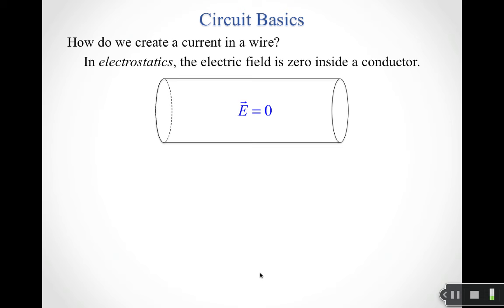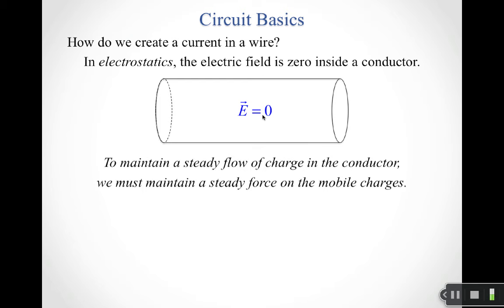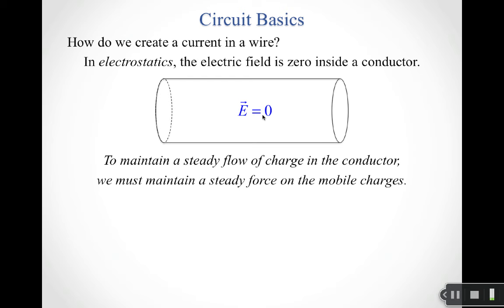So how do we create currents in a wire? You guys will know that when we talked about electrostatics, we said the electric field is zero inside a conductor. Our charges will move around to ensure that, and they'll move around on the outside of the conductor to ensure that the electric field inside of it is zero. That's what it means for a conductor to be in electrostatic equilibrium. Well, if we're going to have current flowing around, that means we need to have a steady flow of charges.